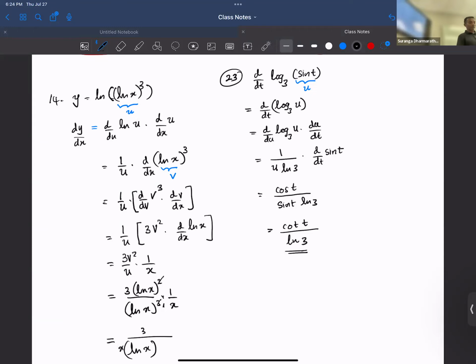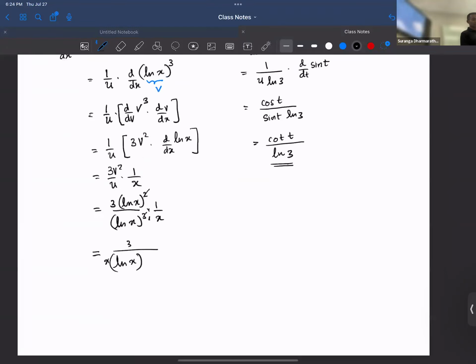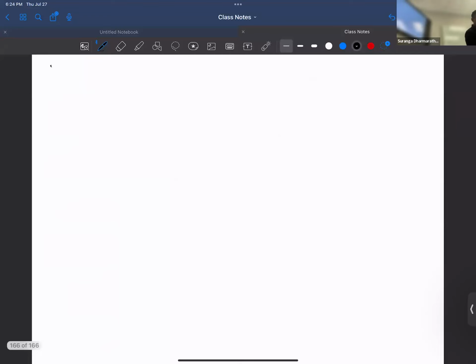Okay, let's try 29. It's in the list. So 29, we need to find the derivative and then find the equation of the tangent line at the point indicated. But if you find the derivative, that's enough. f of x equals 5 to the power x squared minus 2x.